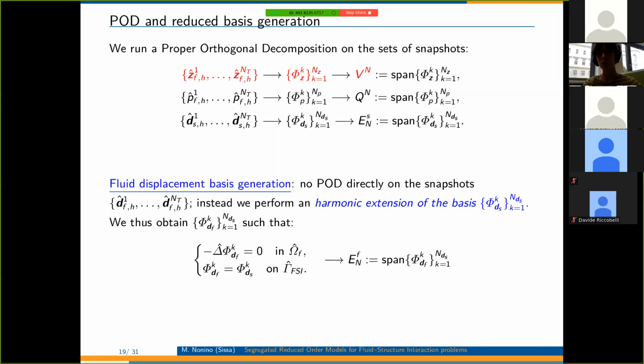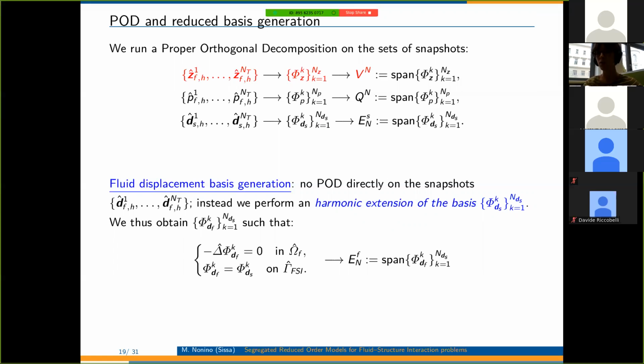For the fluid pressure and the solid displacement, we just perform a standard proper orthogonal decomposition. And you see that for the generation of the fluid displacement basis functions, we do not use a proper orthogonal decomposition. Instead, we decided to perform a harmonic extension of the solid displacement basis functions to the whole fluid domain reference configuration.